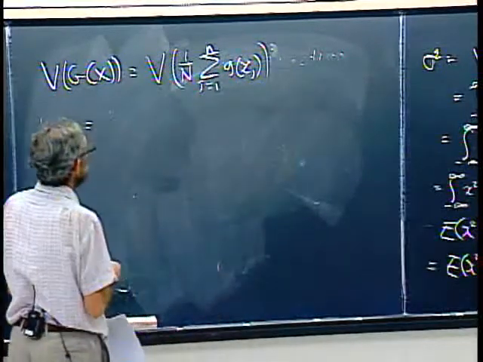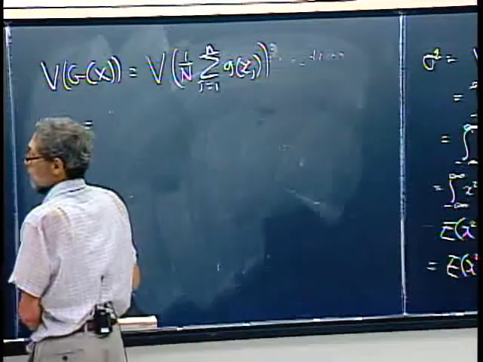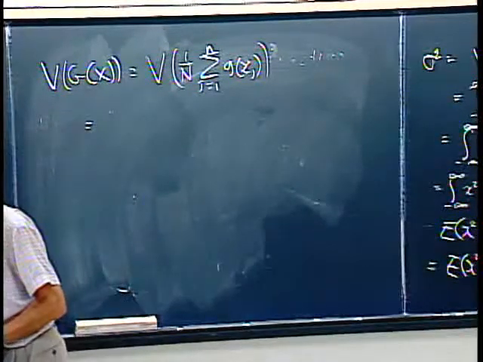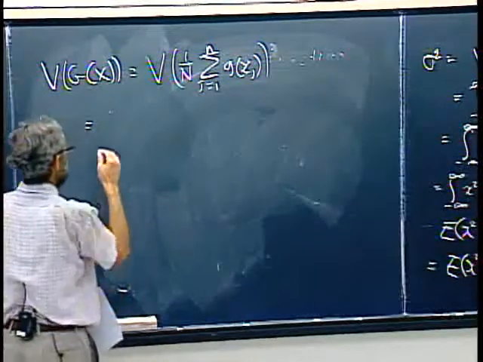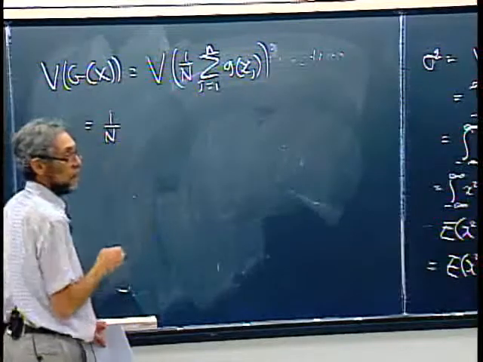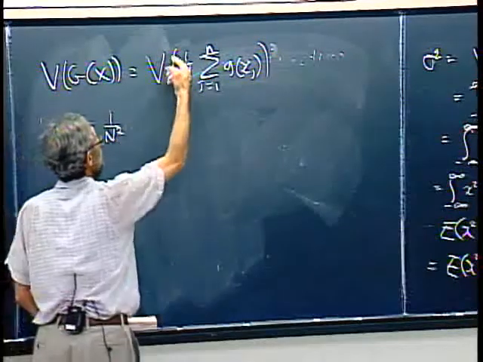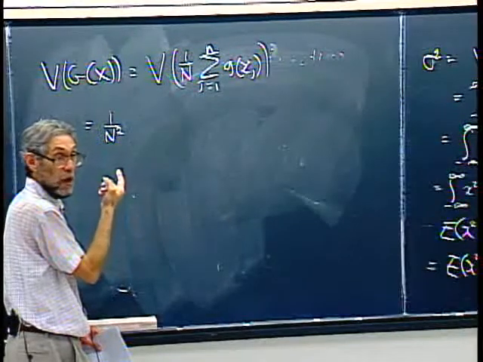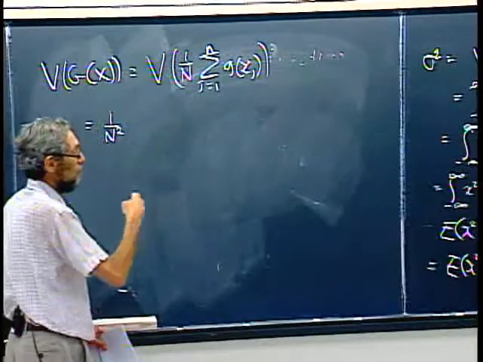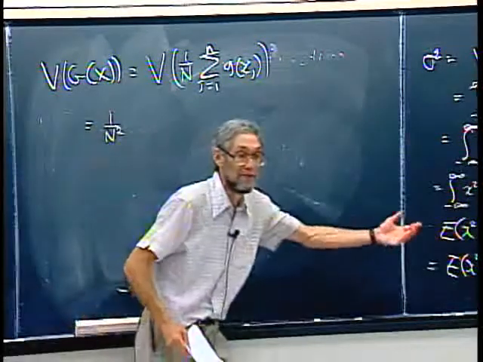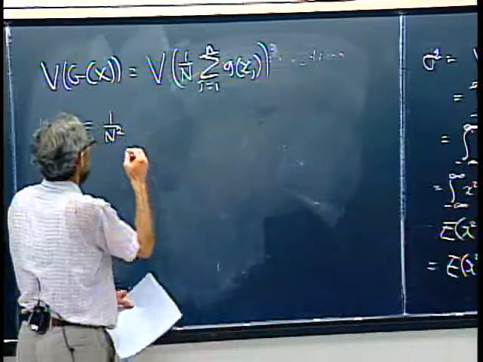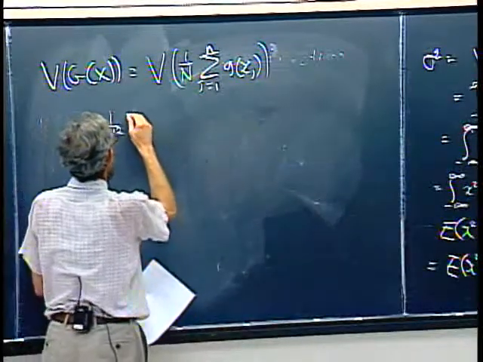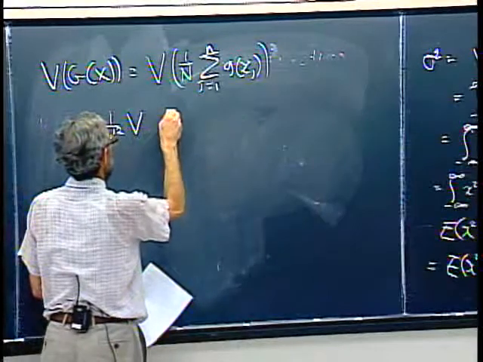And that's equal, by the factoring thing I proved on this board, I have a 1 over n squared as the constant that's coming out, right? Because whatever that constant c was, when I compute the variance, I get the c squared, because all these terms for the variance have squares in them. And then I have the variance of the sum.